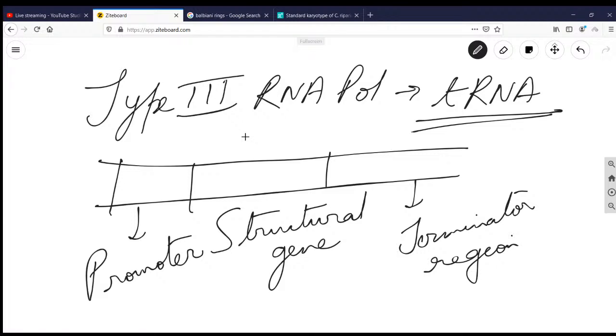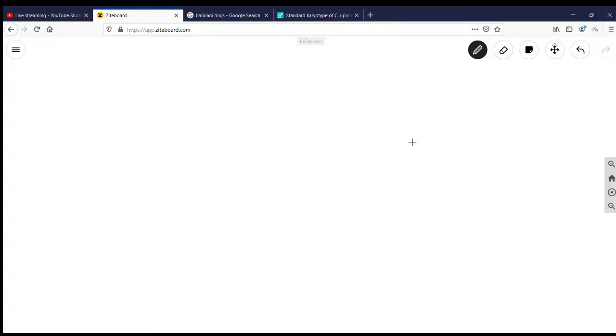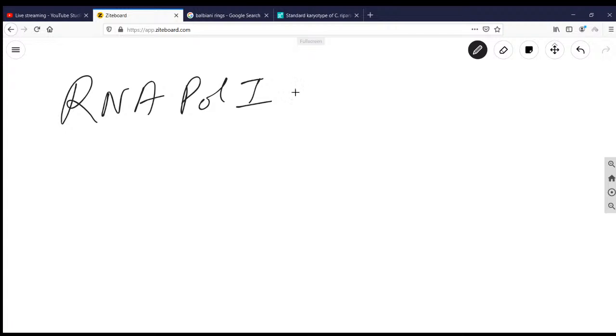But you have RNA polymerase 1, which also transcribes. There is a question on RNA polymerase 1. I'll tell you a very hard question which came in the NEET examination. RNA polymerase 1 transcribes, I remember that question, eukaryotic ribosome.